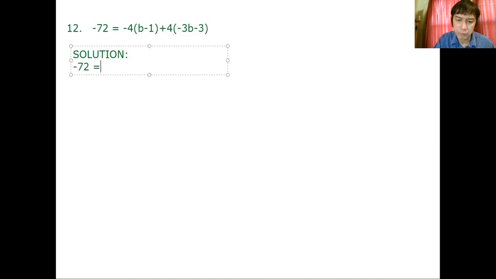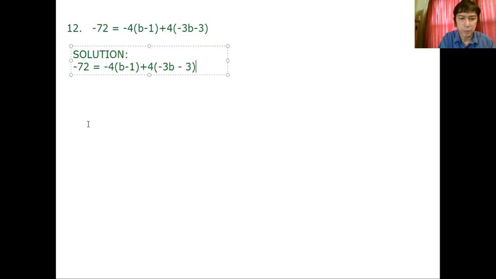Negative 72 equals negative 4 times the quantity b minus 1, and then we have plus 4 times the quantity negative 3b minus 3, close parenthesis. We shall try to divide each number because this is one term and this is another term, the product of these two quantities plus the product of these two quantities. So we shall try to simplify the numbers.